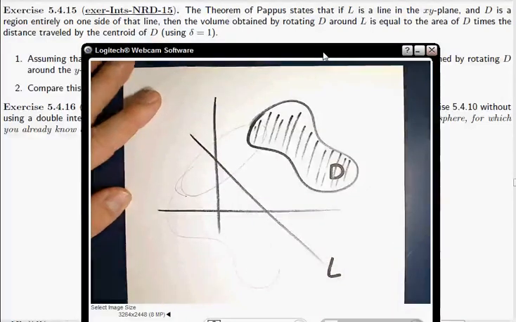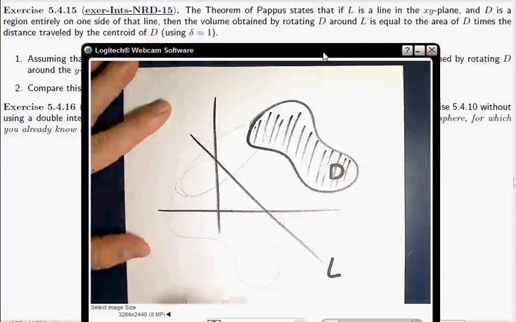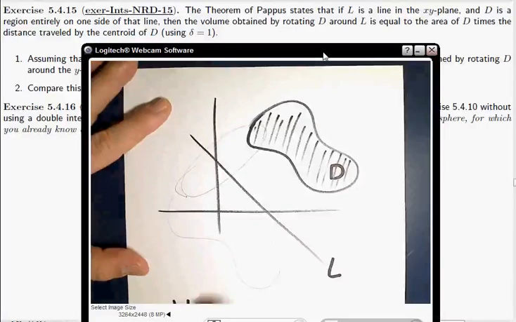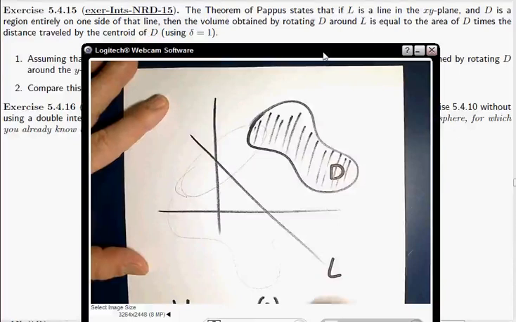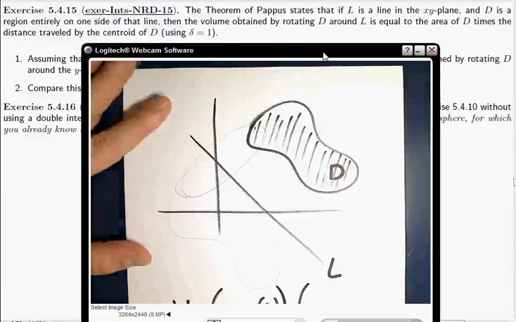Then the volume is equal to the area of D times the distance traveled by the centroid.